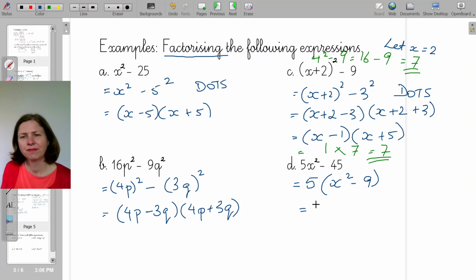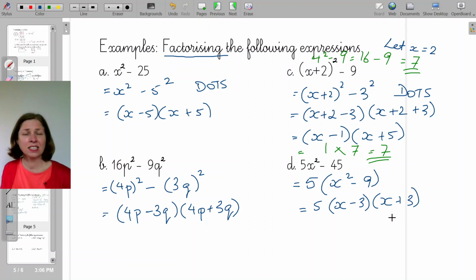Then I look at what's in the bracket. This is x squared minus 3 squared. So that's x minus 3 times x plus 3. Now this is fully factorised and this one has 3 factors. The first factor is 5, the second factor is x minus 3, and the third factor is x plus 3.